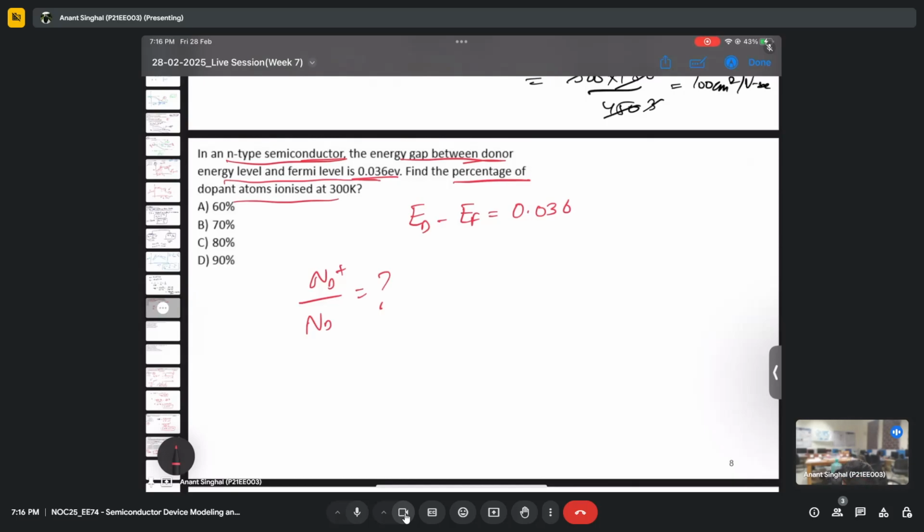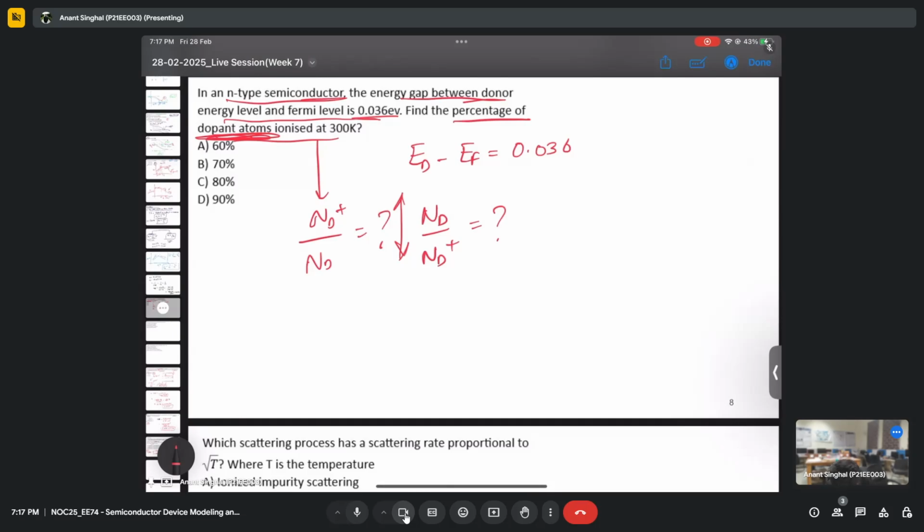Okay, so there is one more catch. It is asking the percentage of dopant ions, not the ionized ions. So it is asking the reverse of that, right? First of all, we'll calculate the probability of the ionized dopant, that is Fe, and then we'll do 1 minus Fe to find the final dopant ions.